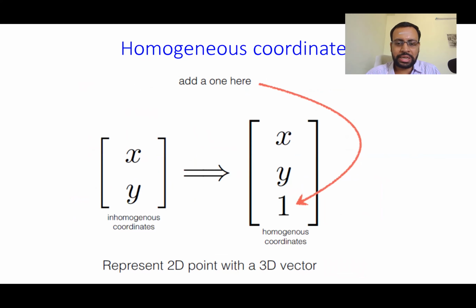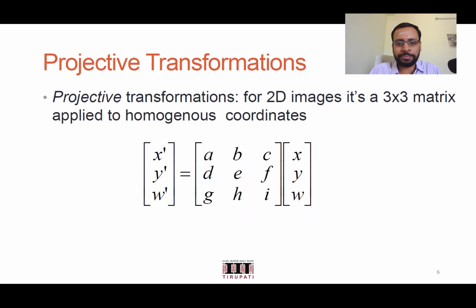Your original point is x y, but you are now representing this 2D point as a 3D vector, where you additionally have kept 1. And even further generalizing it.